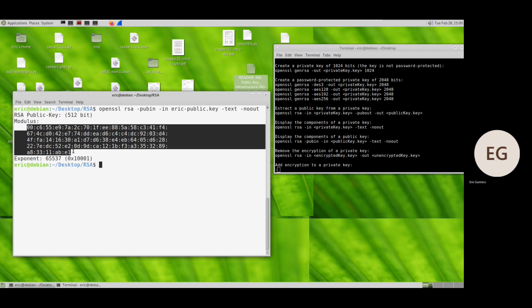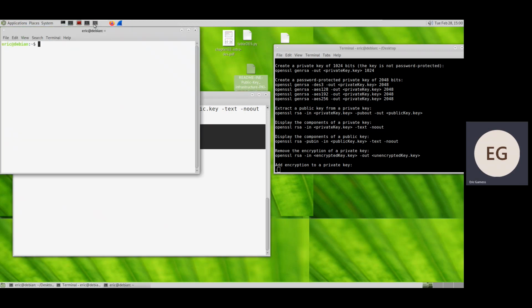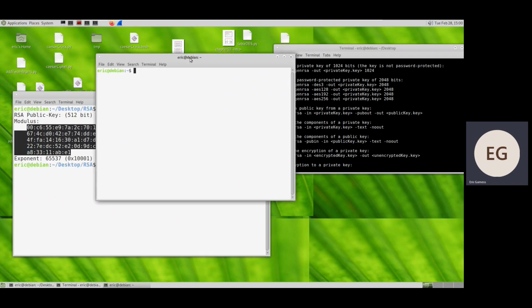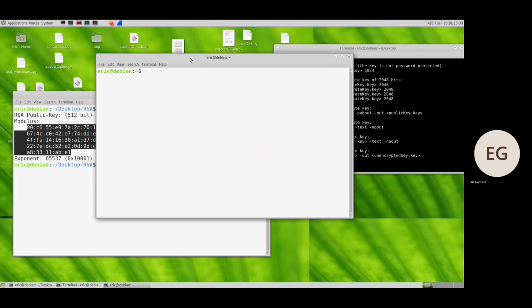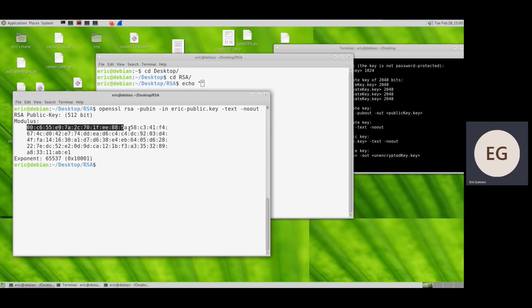Okay? So if I ask you, I would like to have the value of this integer in decimal. How can we do that? Now that you are familiar with Linux, give me some command to have that integer in decimal. So let me first echo the modulus. Look at the modulus, it starts here. This is the first line.